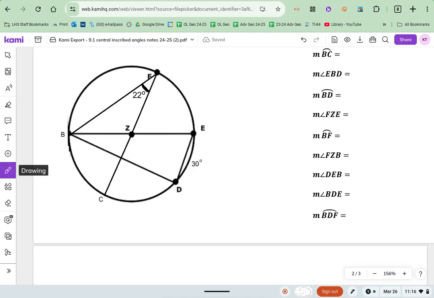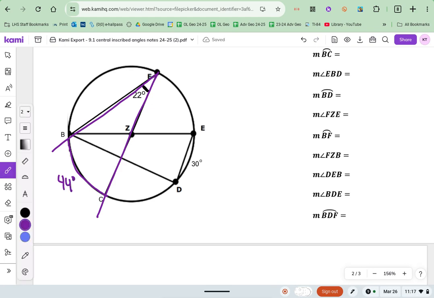The next thing I did is I used this arc DE and went backwards to find the angle again. I traced the angle arms backwards to B and said, if the arc is 30, we're going to half that to get the angle, because the angle when it's inscribed is half the arc. So that one's 15.